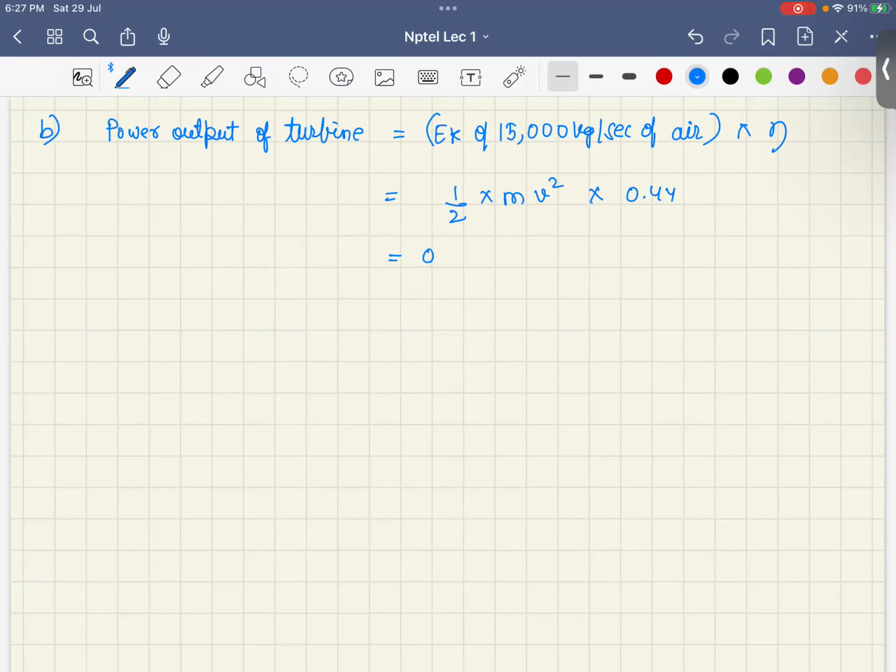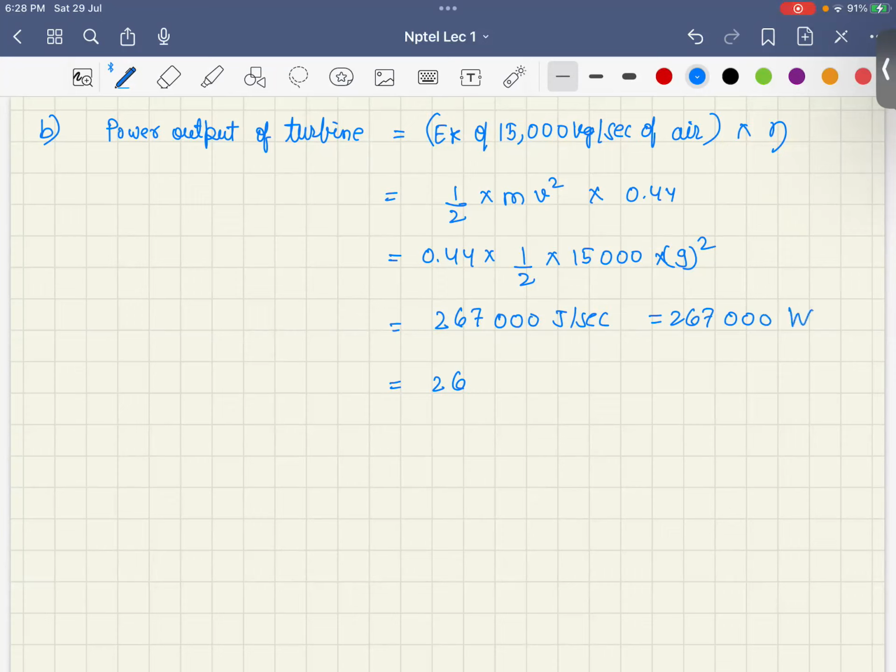So 0.44 multiplied by half, 15,000 multiplied by 9 square, which corresponds to 267,000 joule per second, which is 267,000 watt, and if you convert it into kilowatt, we get 267 kilowatt.